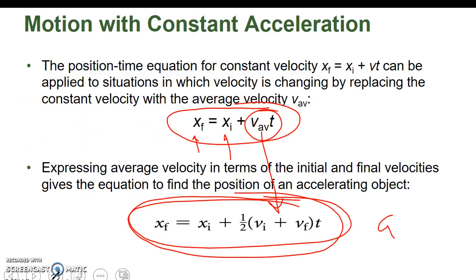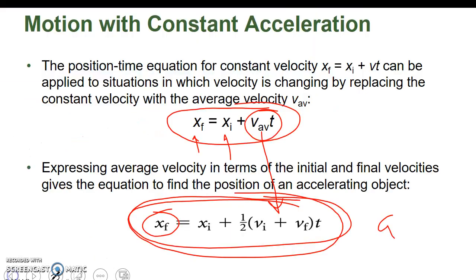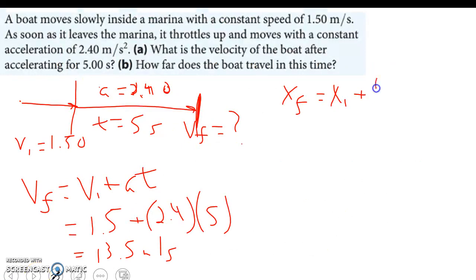Let's look back. We know our two velocities and time, so we can find our final position to help solve for this. So xf equals xi plus, when you look back here, 1/2, because that's what we're finding, an average, 1/2 (v final plus vi) times t. Our initial position right here, we'll say, is 0.